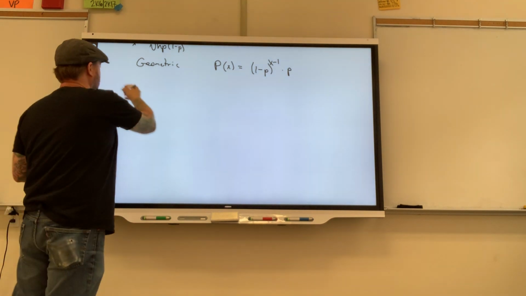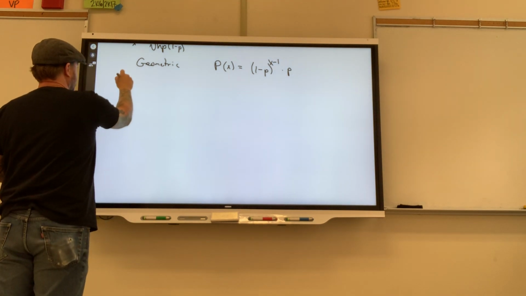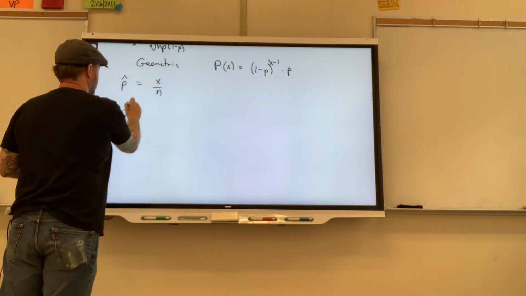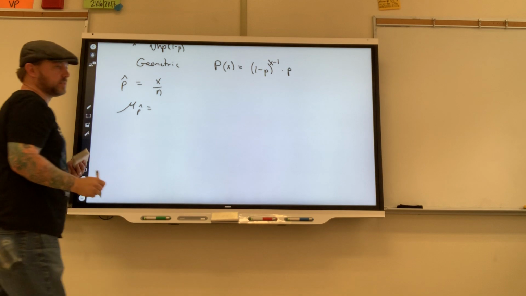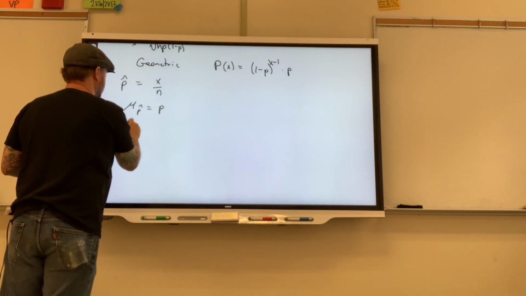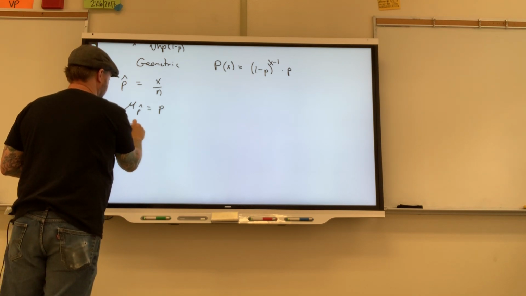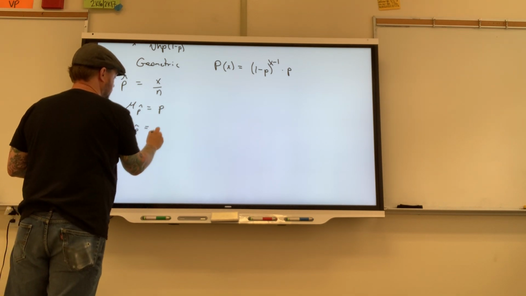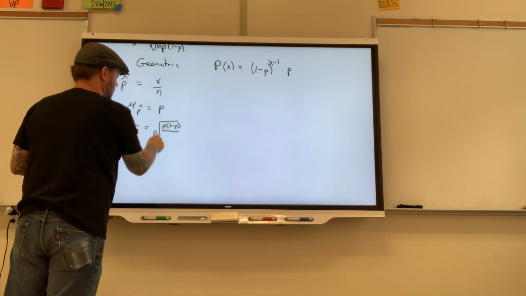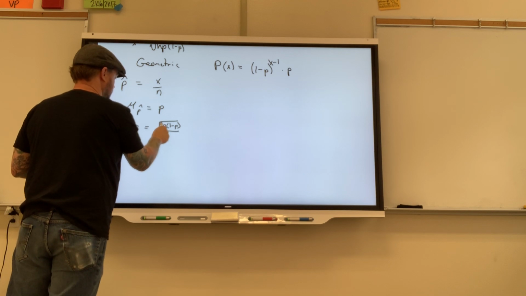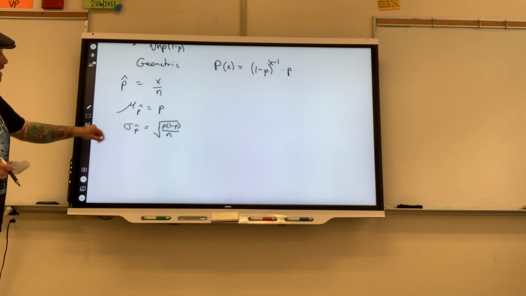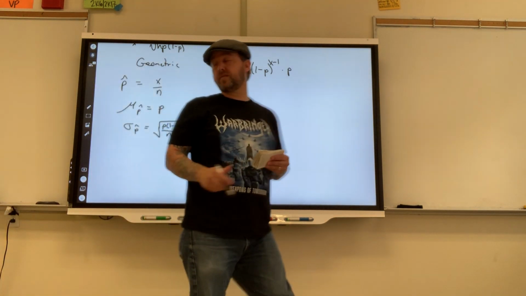So we learned p hat, the mean of p hat is p, and the standard deviation of p hat is root pq over n. Okay. Central limit theorem, we remember that?